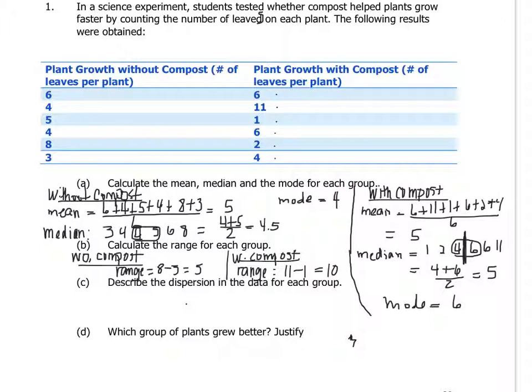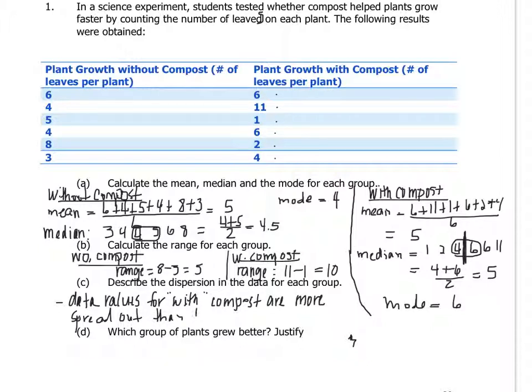So if we describe dispersion, it seems like the data values for with compost are more spread out than without compost.